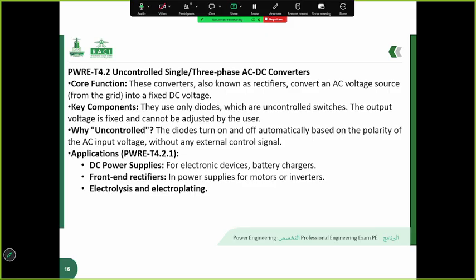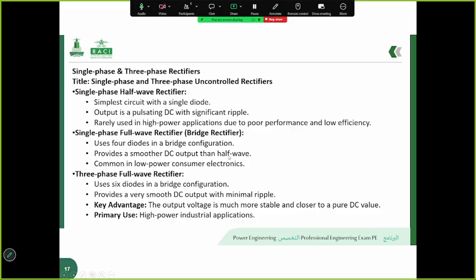In addition, uncontrolled rectifiers are also employed in electrolysis and electroplating processes where a stable DC supply is required. This topic forms the foundation for understanding more advanced controlled rectifier systems used in modern power electronics.